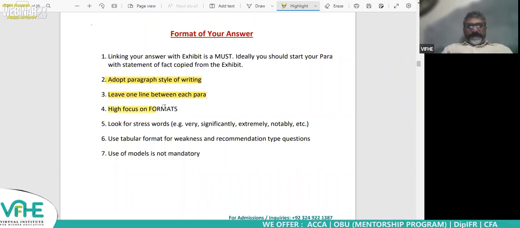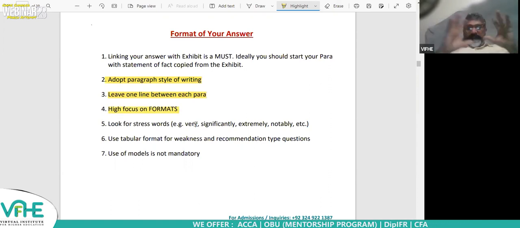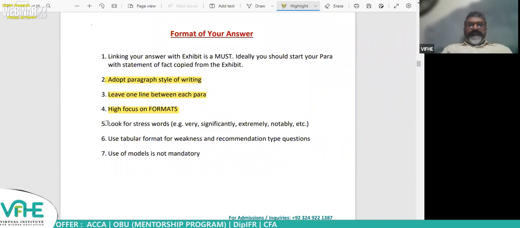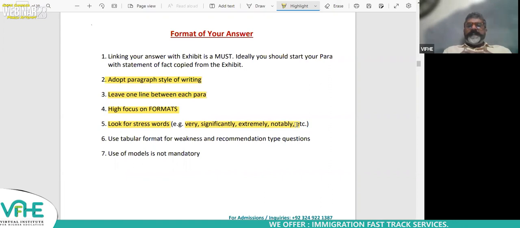Good. Try to give nice formats, the format like bolds and all those things. While reading the exhibits, look for stress words. What are stress words? Words like very, significantly, extremely, notably.